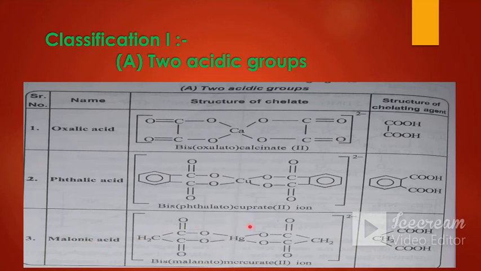Malonic acid, centrally Hg, with these two coordinating acidic groups attached to Hg, and the name of the structure is bis malonato mercurate 2 ion, and the structure of the chelating agent, malonic acid, is CH2 with COOH and COOH, that is two acidic groups.